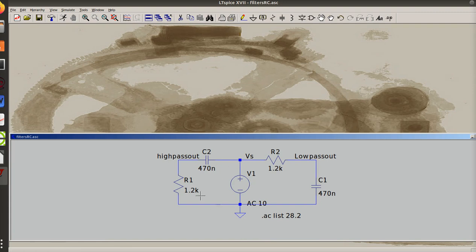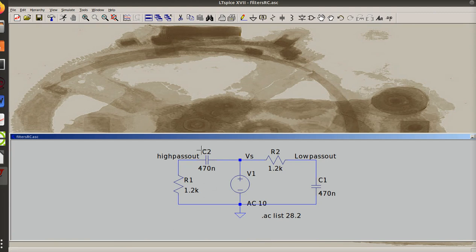The opposite happens over here. So at a lower frequency, this resistance is higher, so it's going to have a bigger voltage drop across it, and so I will get less out.